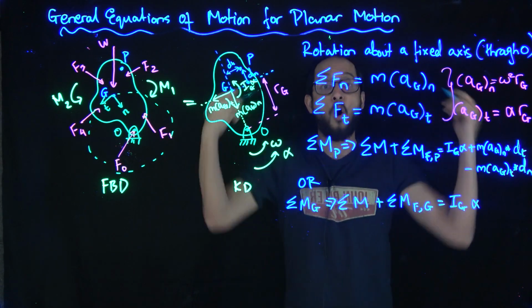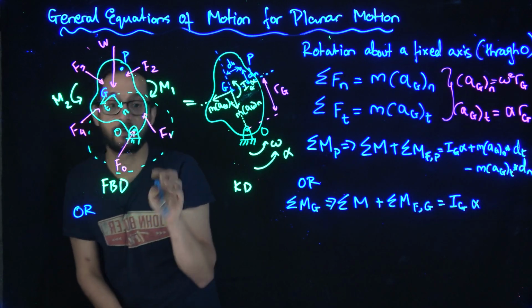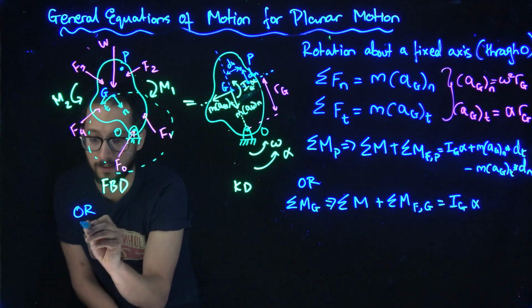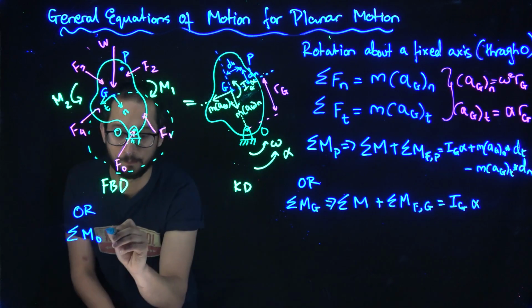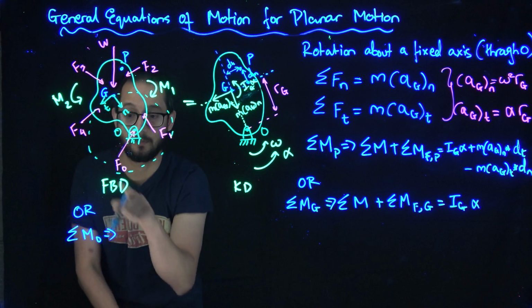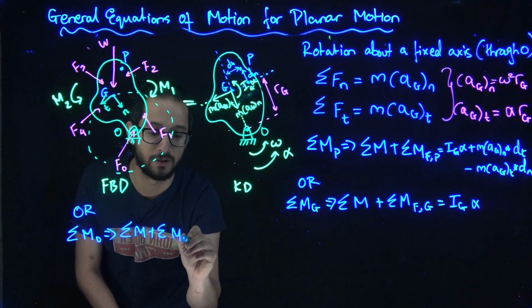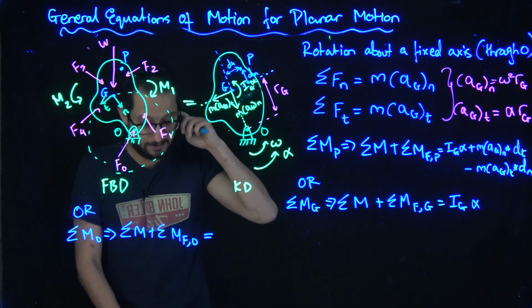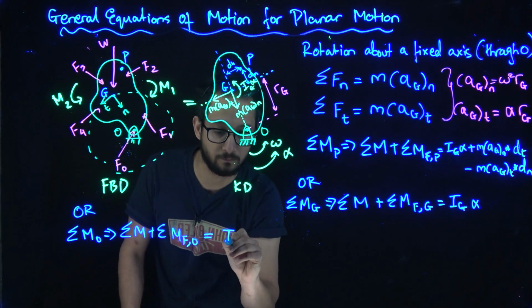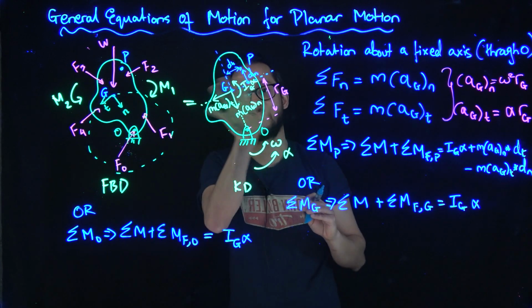All right? Or, and this is the interesting thing, you can take the moments about the point O. And this is where the fun happens. So about the point O, again, from the free body diagram, you have the sum of all the moments plus the sum of the moments due to all the forces about the point O. And that is going to equal, always, your Ig alpha term, but now you're taking the moments of this equivalent motion.